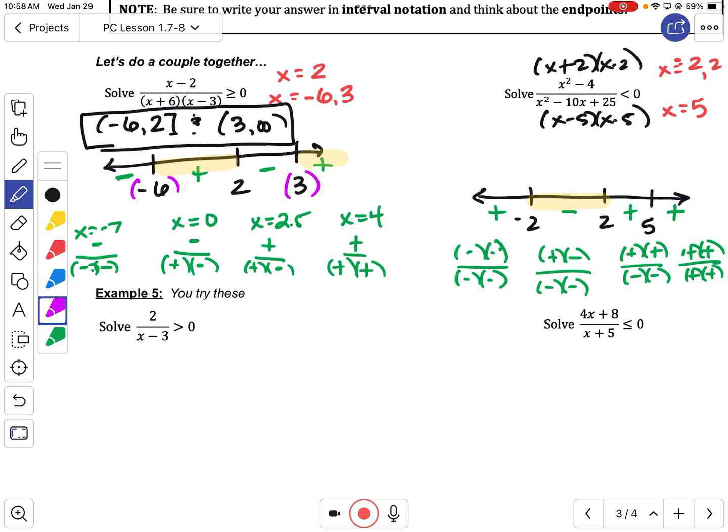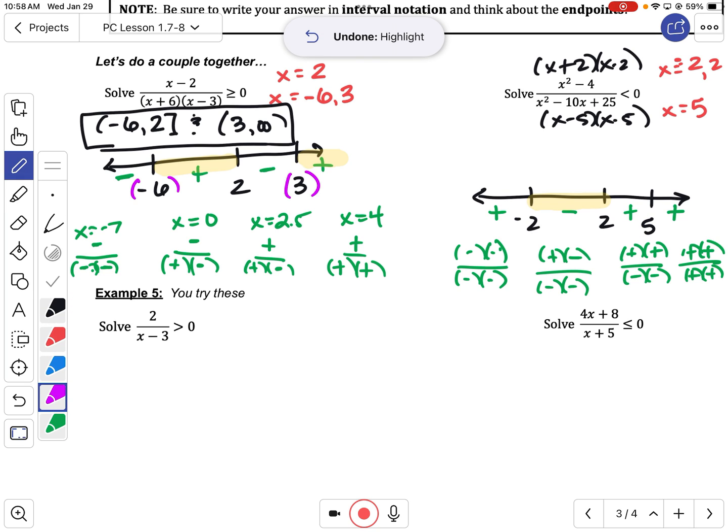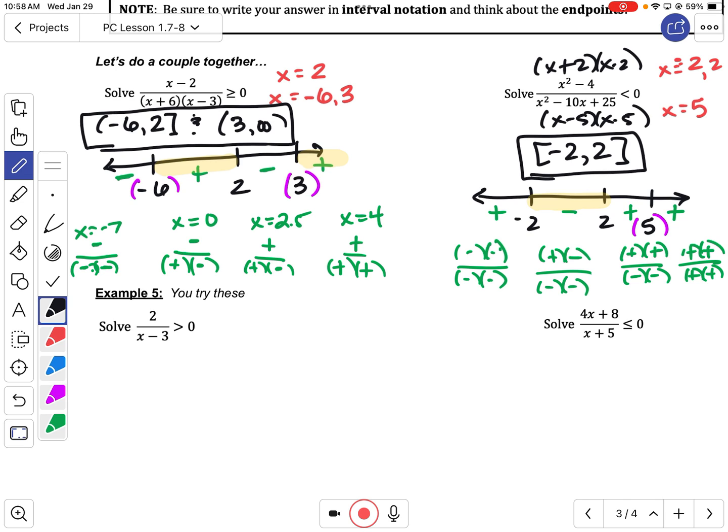The 5, because it came from the bottom, so it gets the parenthesis. My only negative is between negative 2 and positive 2. Neither one of those has a parenthesis, so my solution is bracket negative 2, bracket positive 2. And that's my solution.